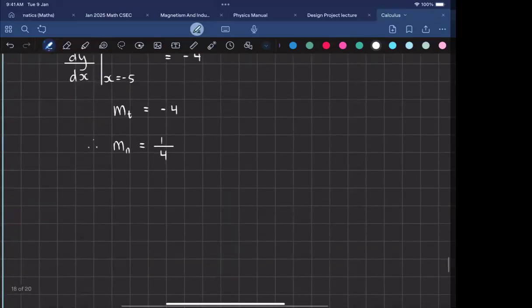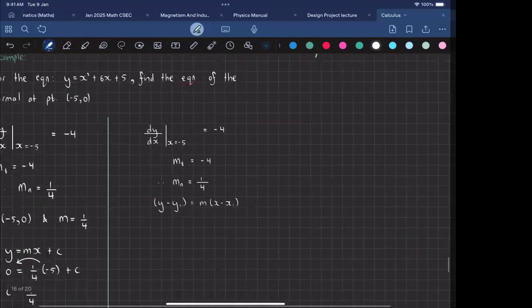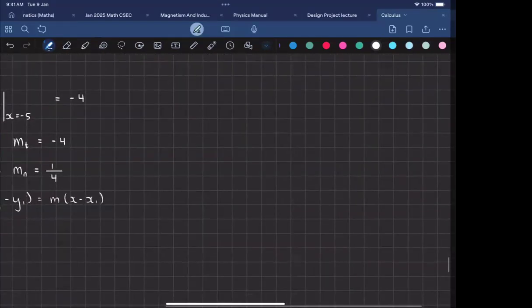Right. Next thing, let's solve it using the other method. So that's y minus y1 is equal to m by x minus x1. Kira, do we have any points passing through the normal?